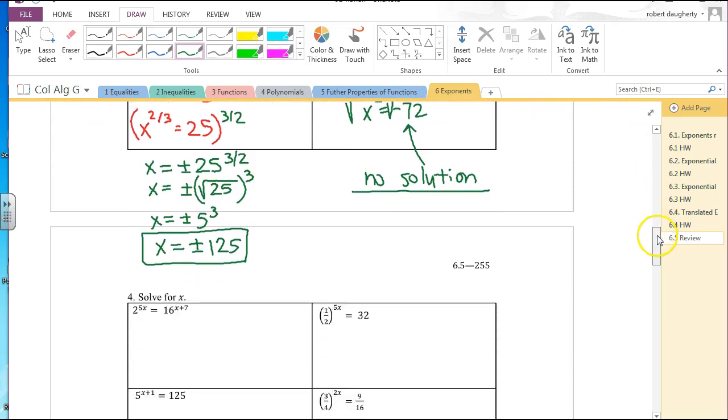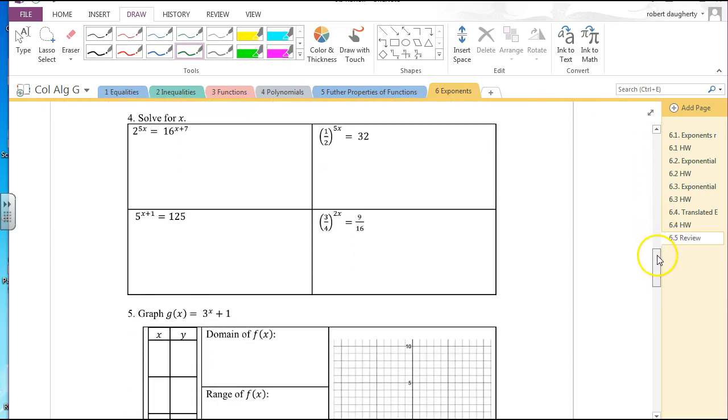So the next type of equation are the power equations, where I'm solving for x, but x happens to be an exponent in this case. So the strategy here is I have to be able to manipulate this so that on both sides of the equation I have the same number raised to a power. So if I look at the first one, I've got 2 to the 5x equal 16 to the x plus 7.